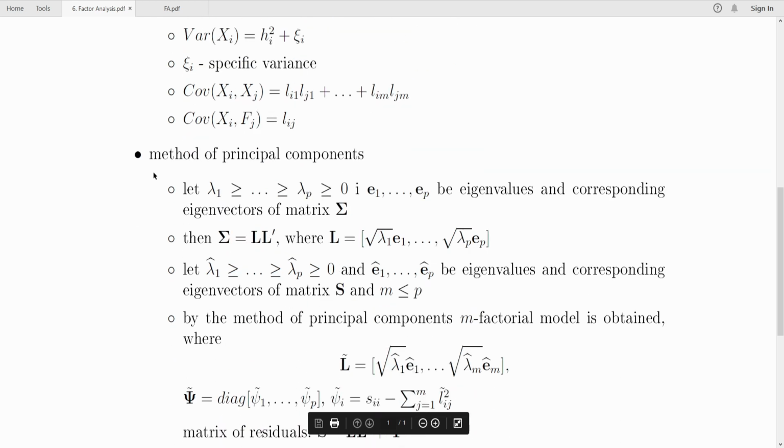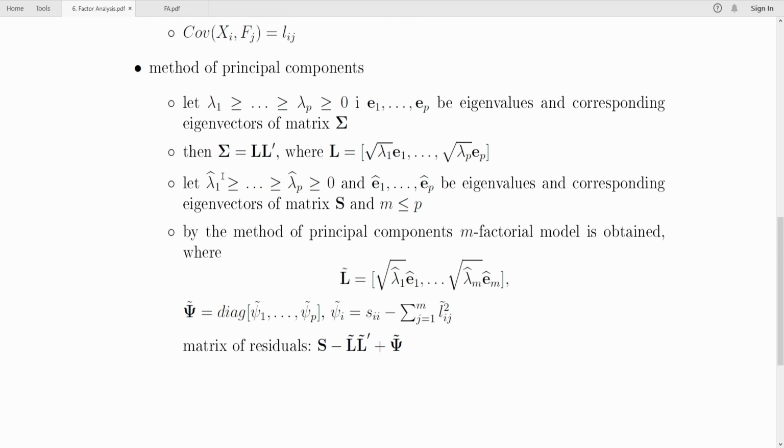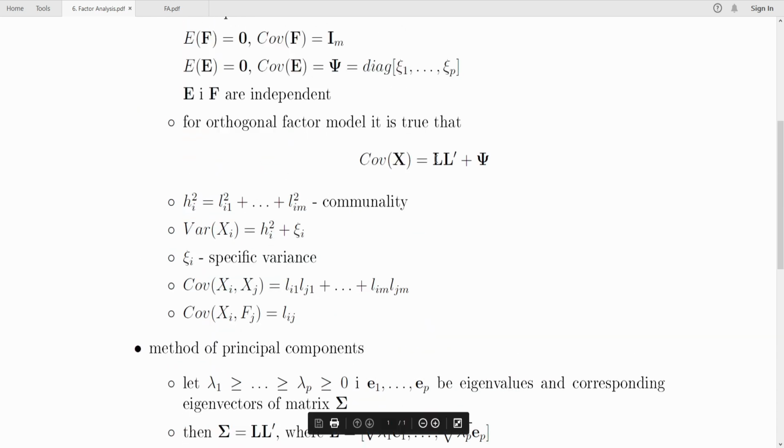Okay, so let's go to the method of principal components. If we have ordered eigenvalues and eigenvectors, then we can write it like this. But as we have p and we want m less than p for dimension reduction, we will choose fewer eigenvectors and eigenvalues and make another decomposition of the covariance matrix.